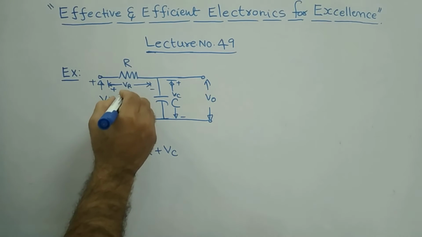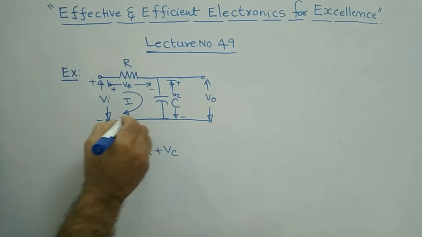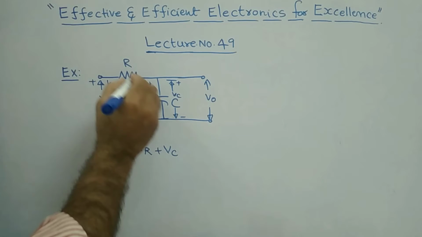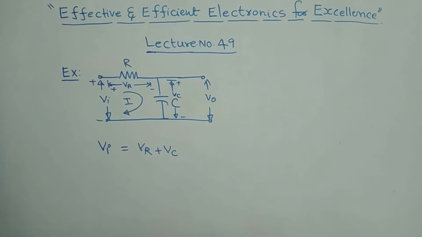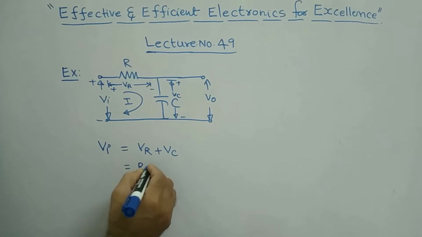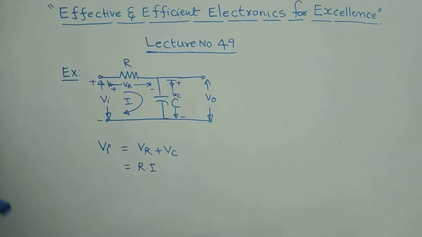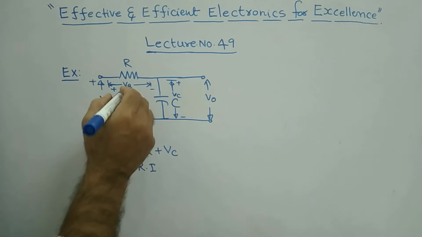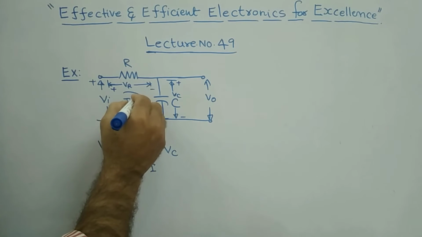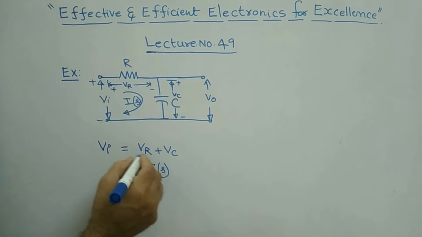Let us assume that the current I is flowing through this loop, so I is called the loop current. Then VR, the voltage across the resistor, is R into I. In the Laplace transformation form, you can write R into I of S, because R is a constant always.